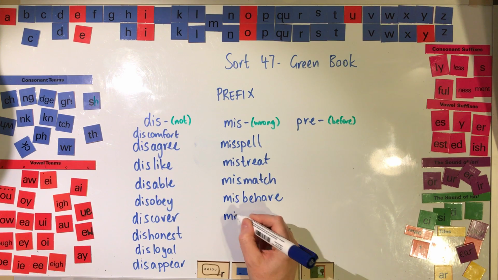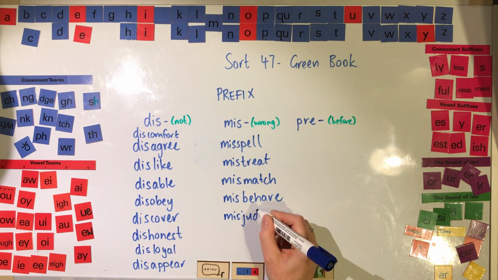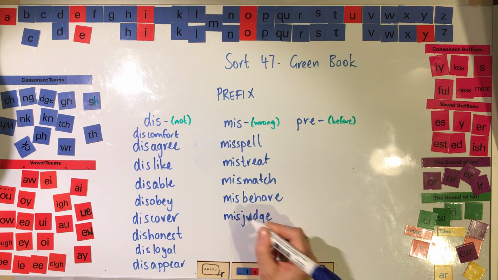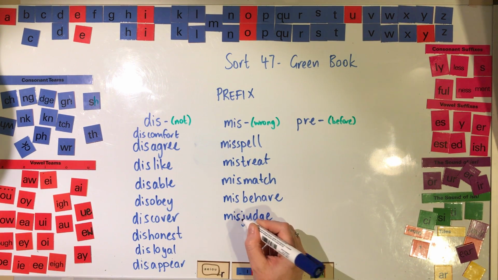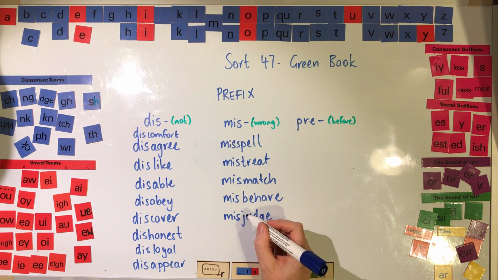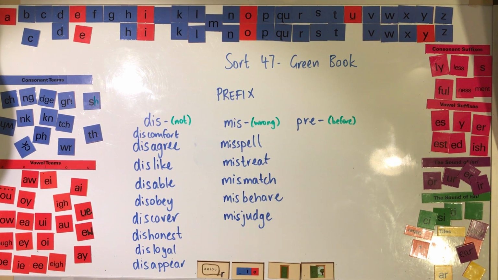And misjudge. You thought it was a great idea to bring your pet hamsters to school and let them out of the cage and run around the classroom, but upon reflection you realised you misjudged the situation. So you wrongly judged.